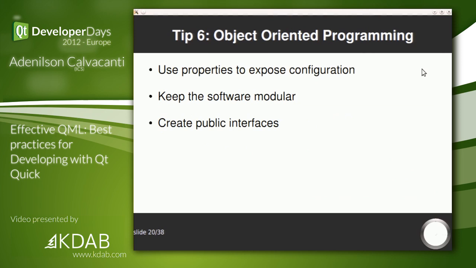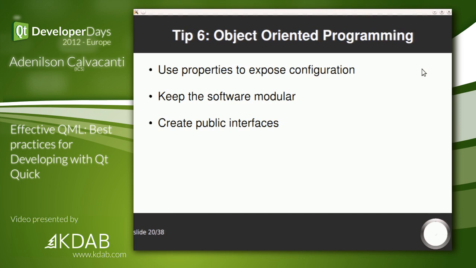All right, use properties. When it comes to object-oriented programming, I think it's really important because JavaScript itself is a lacking language. You should use properties to define access to your widgets. You should also try to keep the software modular. And if you need to access something within JavaScript or a QML widget, you should define an interface for doing that.